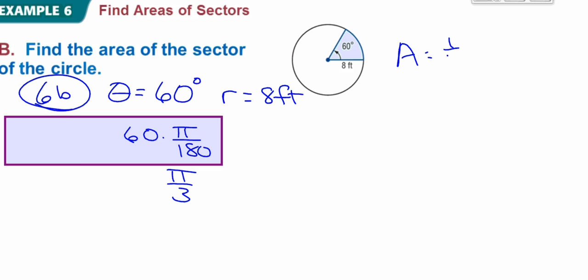Area is 1/2 r squared theta, so 8 squared, times pi over 3. There we go. See what you get for that one.